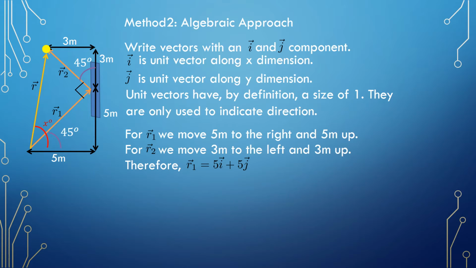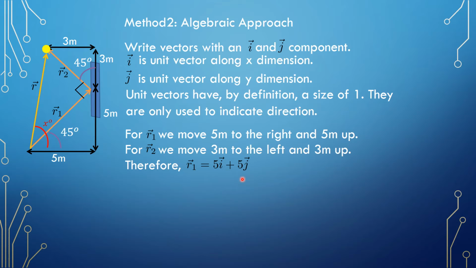The 5i indicates that we have moved 5 meters to the right, because i is the unit vector along the x dimension. And j is the unit vector along the y dimension, so 5j means that we have moved 5 meters up.